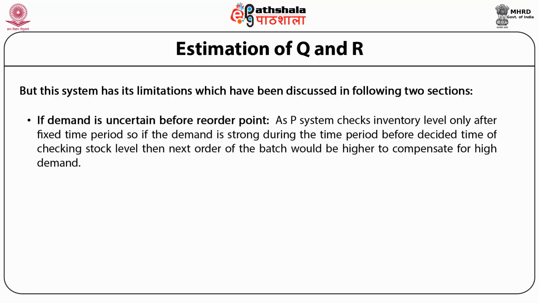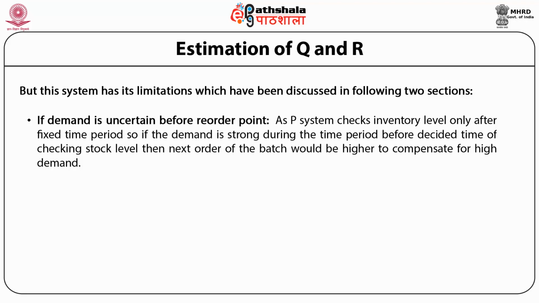If demand is uncertain before reorder point: as the P system checks inventory level only after a fixed time period, if the demand is strong during the time period before the decided time of checking stock level, then the next order of the batch would be higher to compensate for high demand.